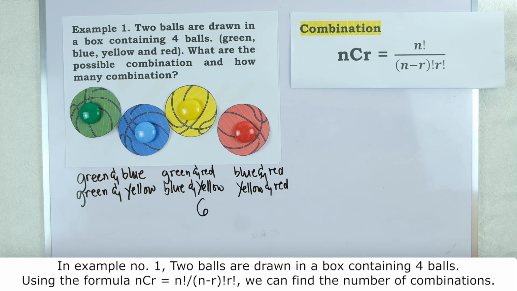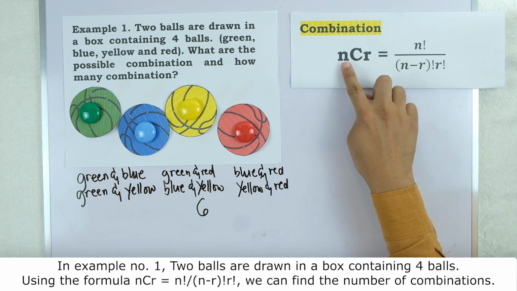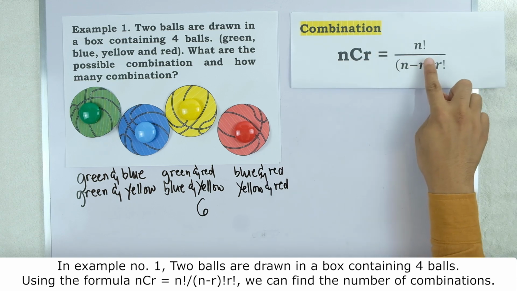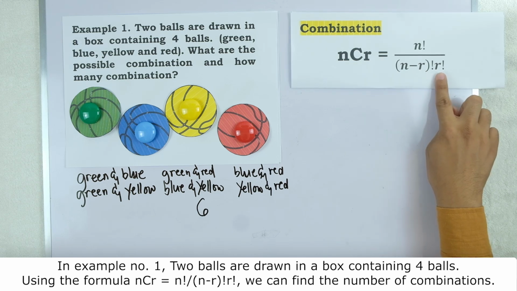In example number 1, 2 balls are drawn in a box containing 4 balls. Using the formula N choose R is equal to N factorial over N minus R factorial times R factorial, we can find the number of combinations.